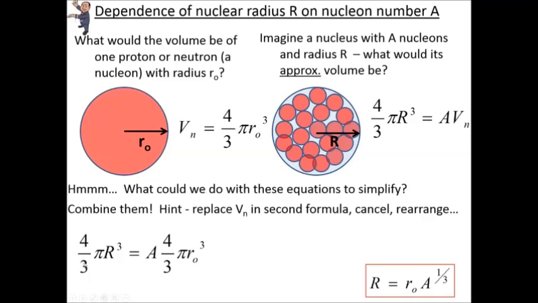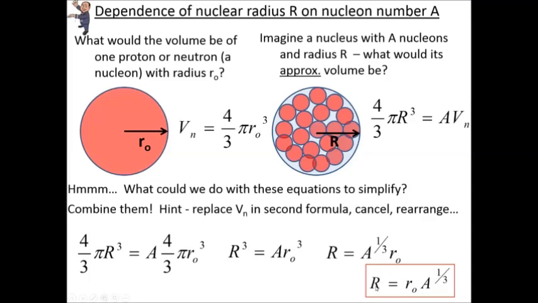So here we go. 4/3 pi R cubed is equal to A, and this expression here is Vn, the volume of a nucleon, 4/3 pi R0 cubed. So straight away you can see certain things cancel. We've got rid of the 4/3 pi, sorry, so we end up with big R cubed is equal to A R0 cubed, and with a little bit of messing around we can soon get to the formula that you're given on the data sheet.